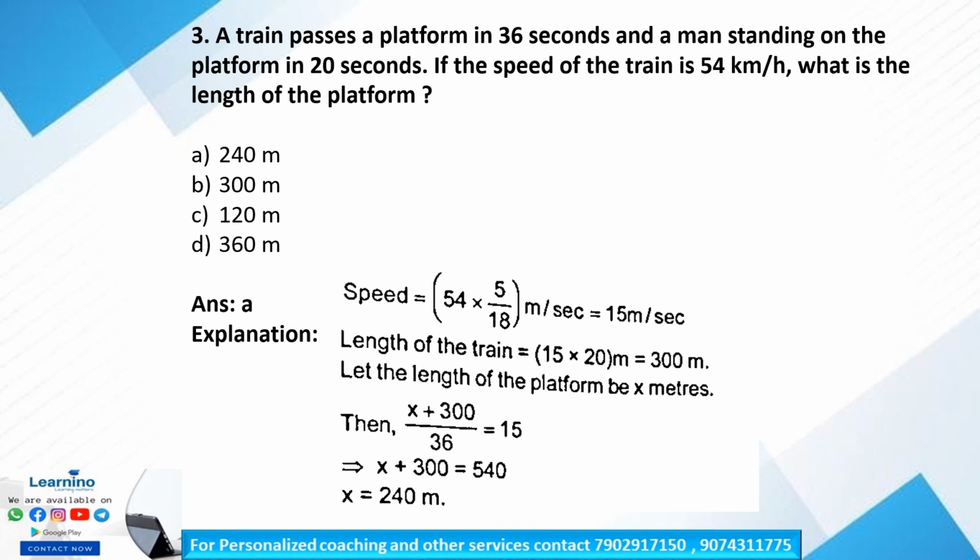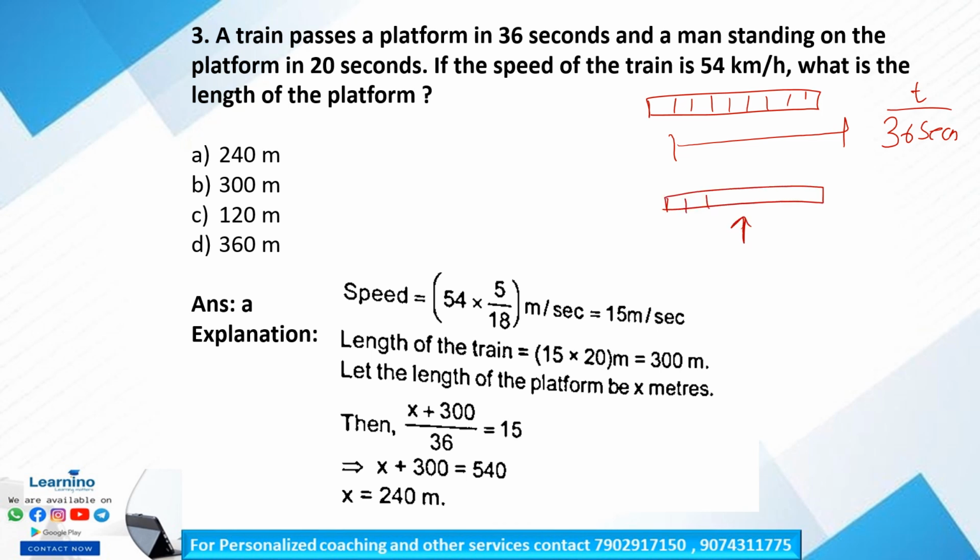A train passes a platform in 36 seconds.